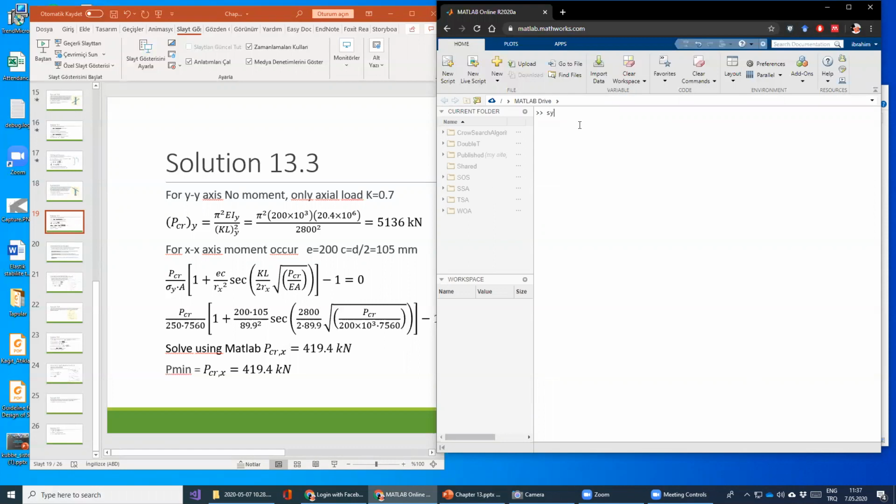Okay, let's start with this syms. Syms is the symbolic term, okay? We are trying to find the P critical force, therefore there is only one unknown. Therefore, I want this P force to be symbolic. So I write syms P. I think this is working a little bit slow.